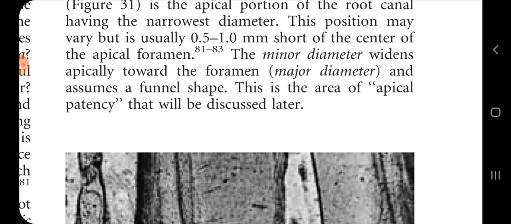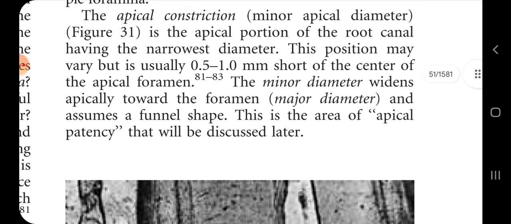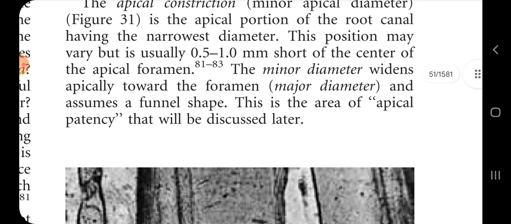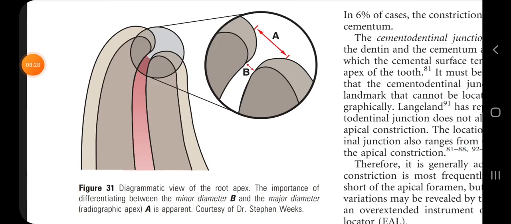This is the area of apical patency, or apical patency area, that will be discussed later. This is demonstrated in figure 31, the diagrammatic view of the root apex.